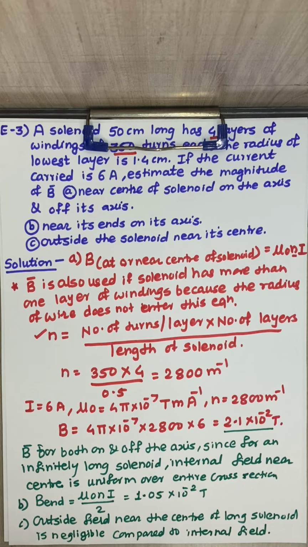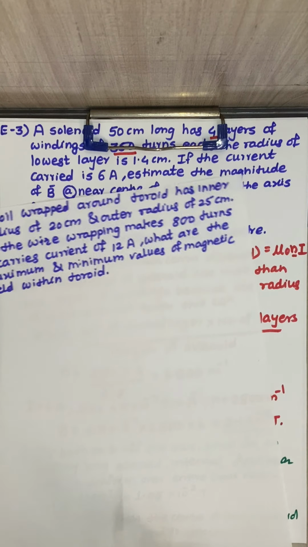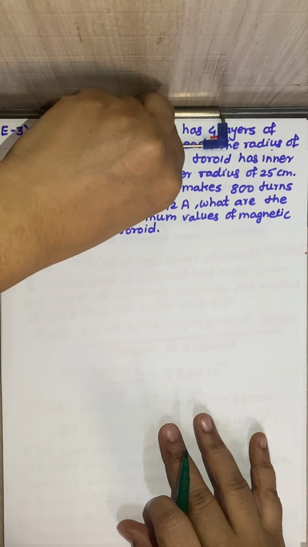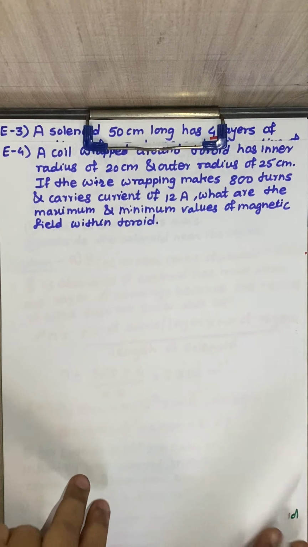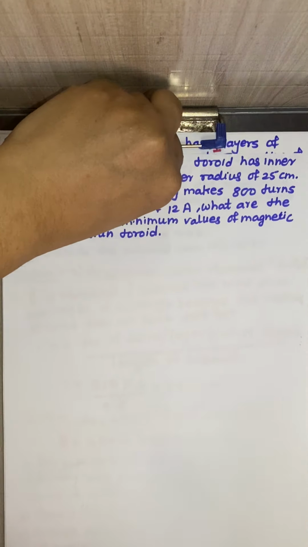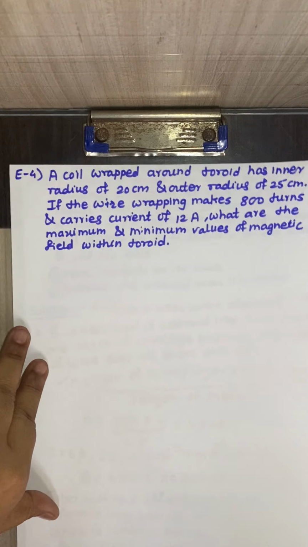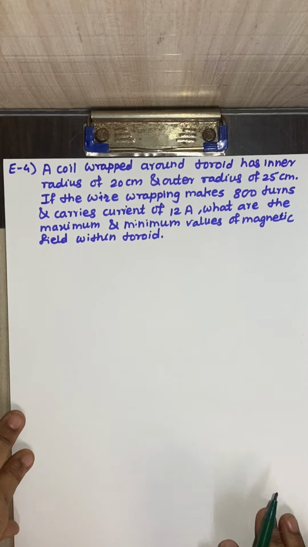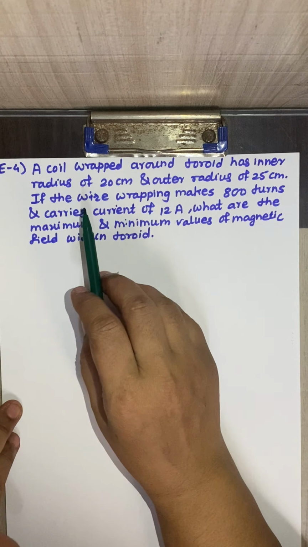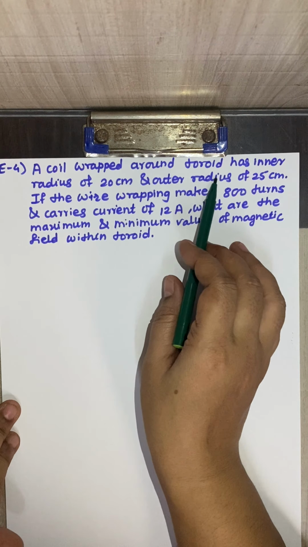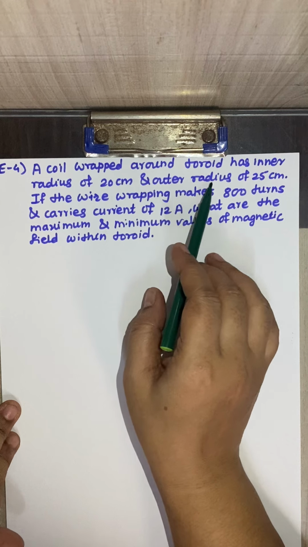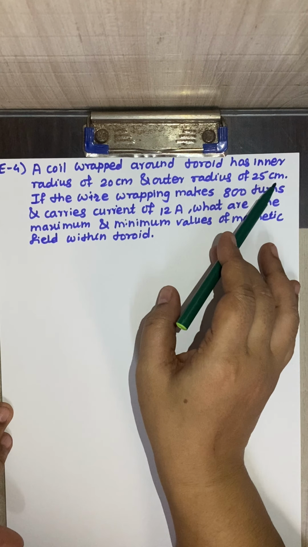Okay, now in a similar manner we are going to consider the fourth example. Let us read the example first and then we will go for the explanation. The fourth example: a coil wrapped around a toroid has an inner radius of 20 centimeter and an outer radius of 25 centimeter.